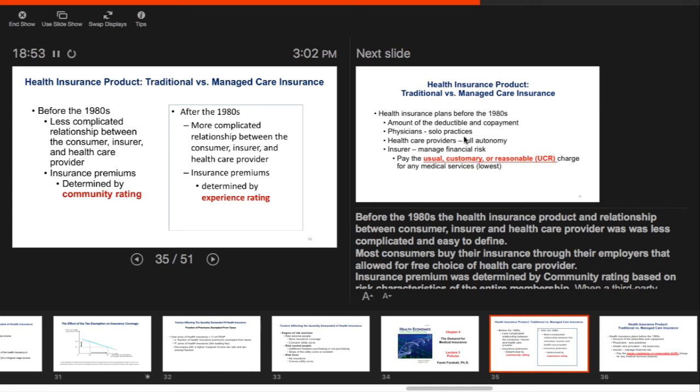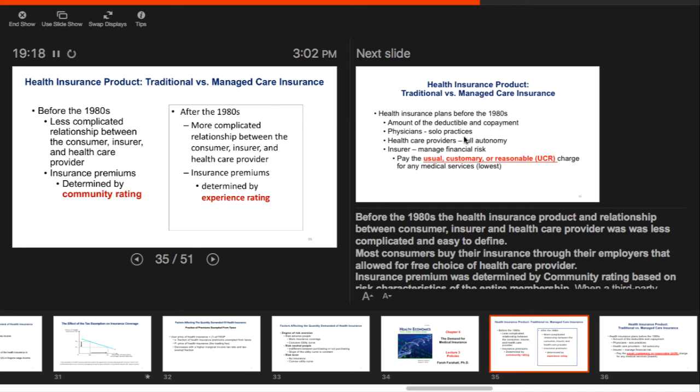Before the 1980s, most of the consumers, basically the patients, bought their insurance through their employers, and they had a choice of healthcare providers. They could choose any doctor they wanted, and the doctor had the choice to prescribe any medical care they felt each patient needed.